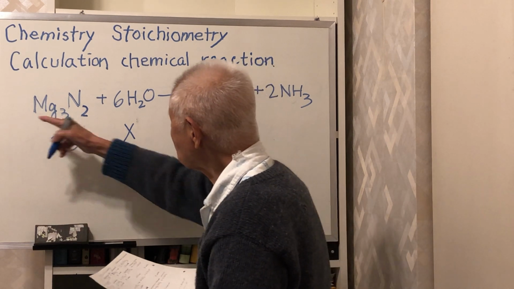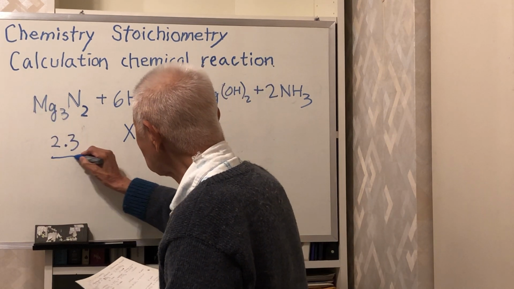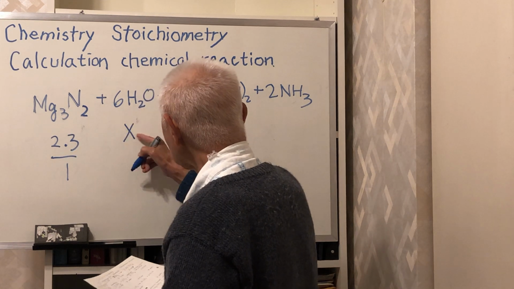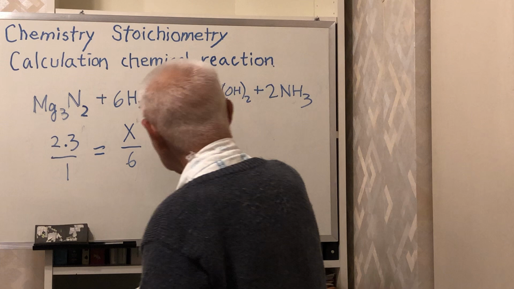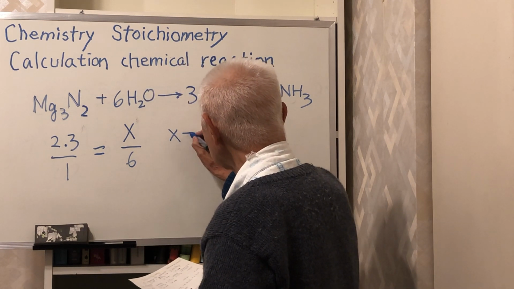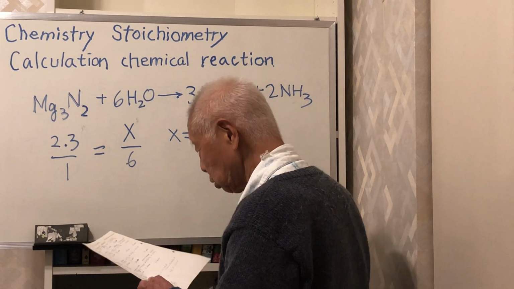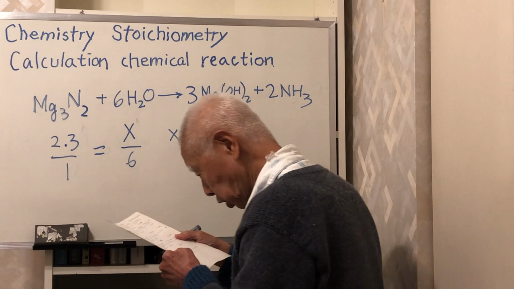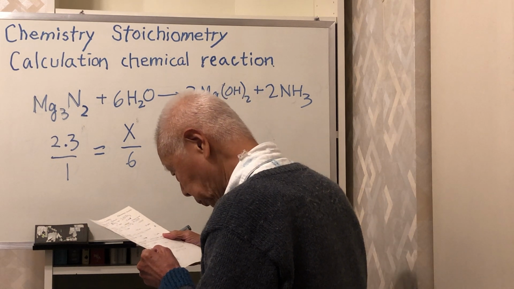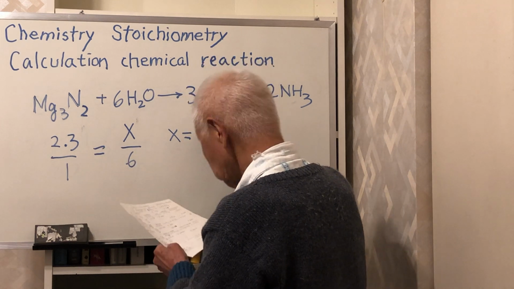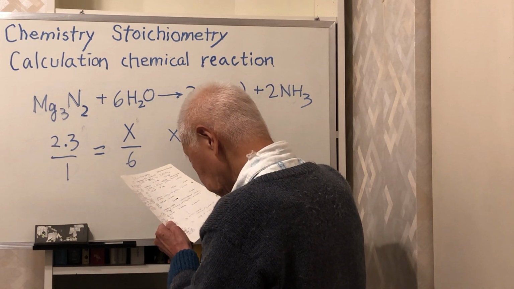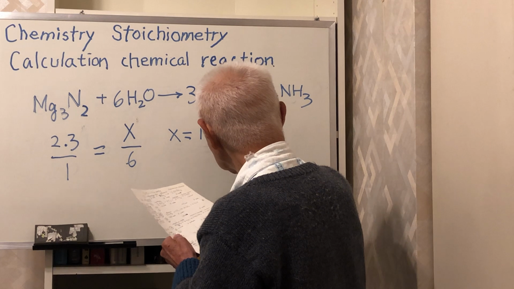So this is 1, so 2.3 over 1. This is x over 6. And let them equal to each other. Then x is 6 times 2.3. So this is just 13.8 mole.